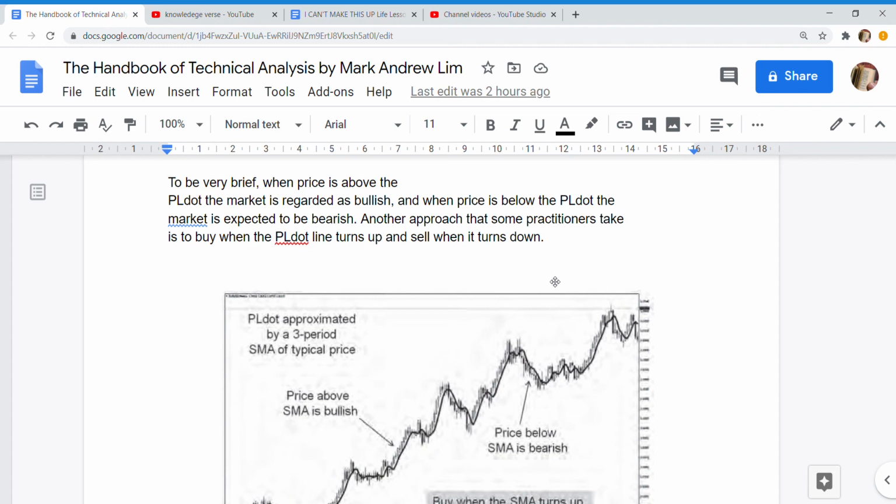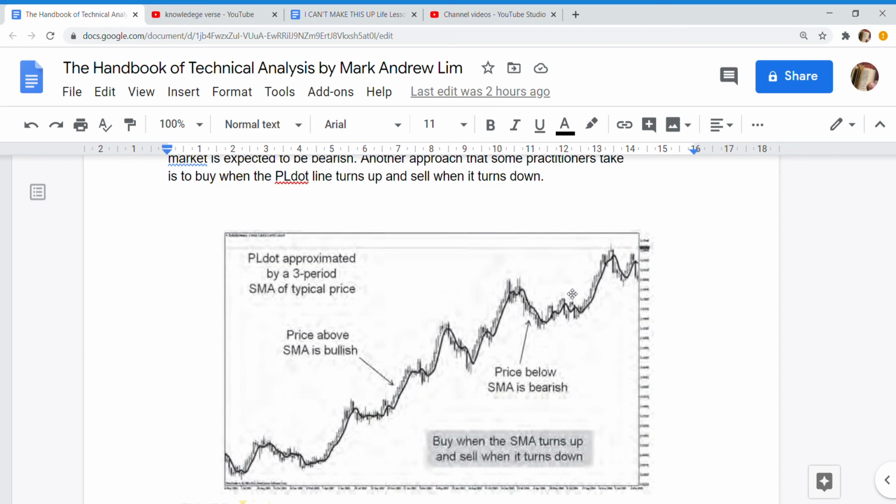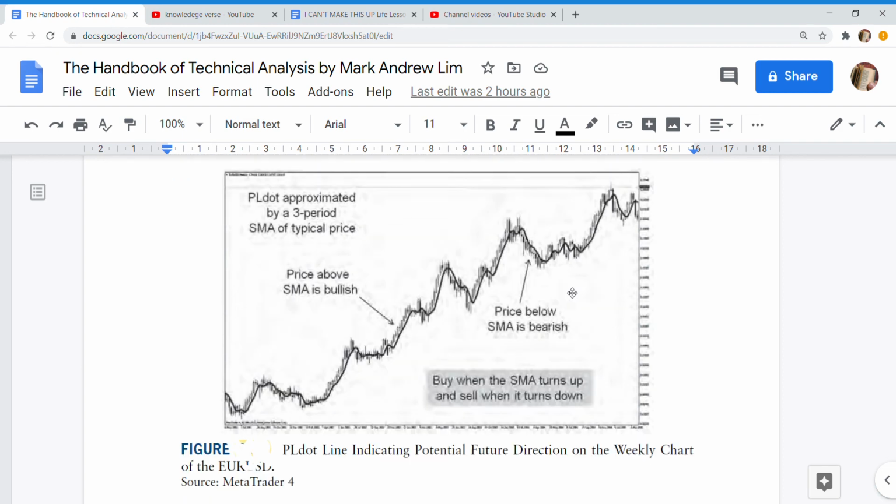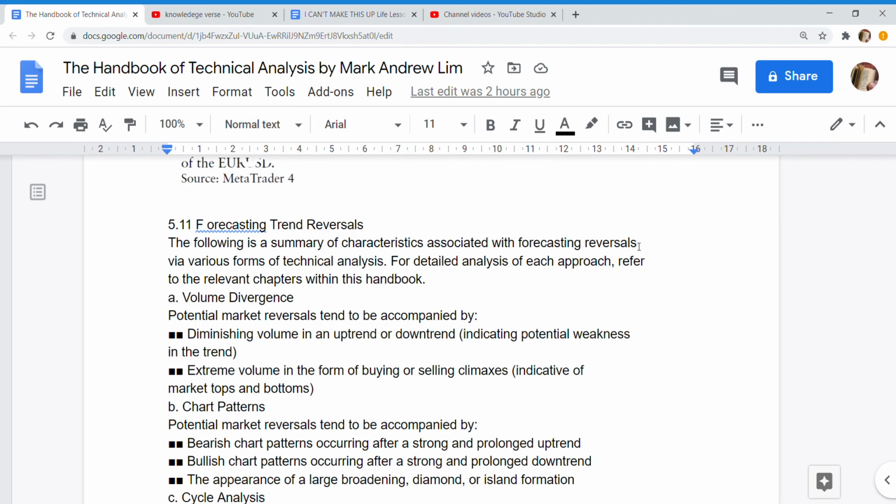5.11 Forecasting trend reversals. The following is a summary of characteristics associated with forecasting reversals via various forms of technical analysis.